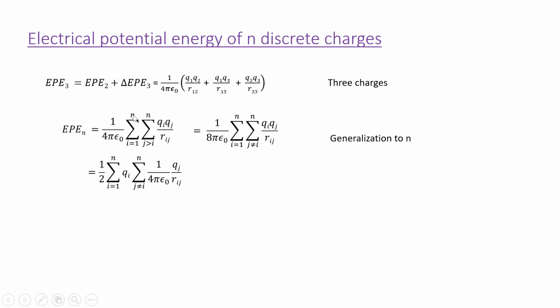Then we're going to go ahead and factor out this sum. Notice that the j sum doesn't depend on I, so we can pull qi out in front of just the I sum. And then we'll pull that factor of a half, which we were talking about, out in front. So we have 1/2 times the sum from I equal 1 to n of qi of what's left, which is 1/4 pi epsilon naught times qj over rij.